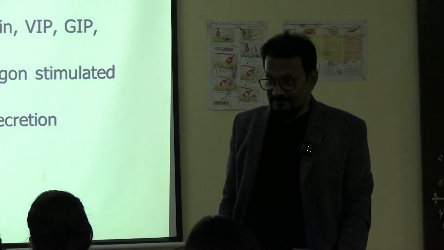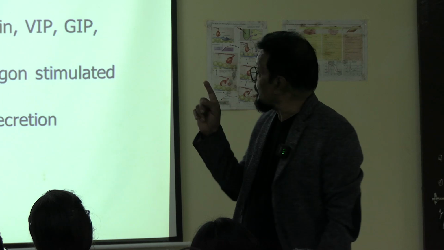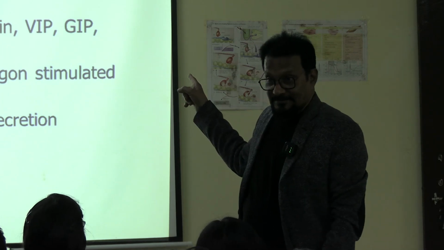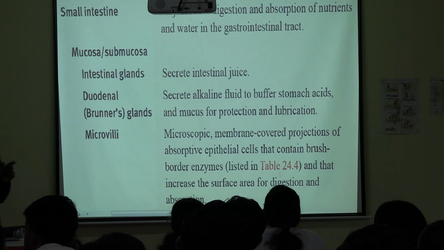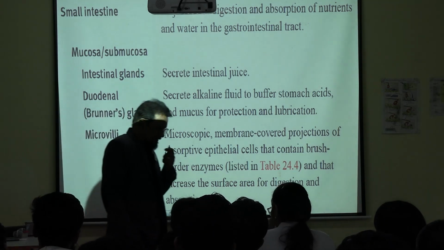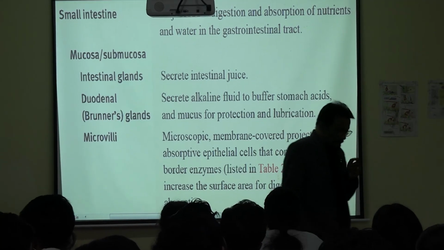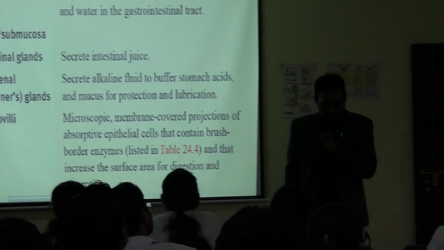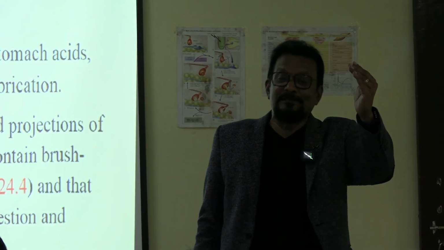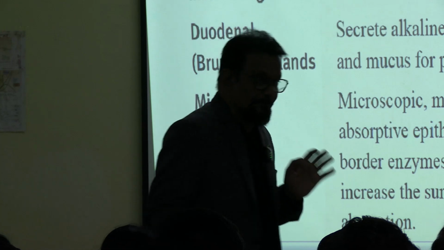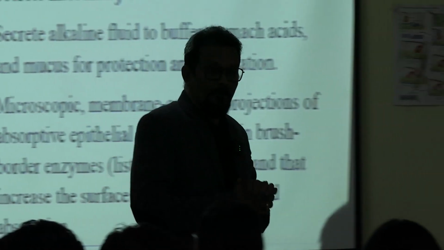Glucagon-like. That's why G is there. Actually, at the same time, that's why the name has been changed. At the same time, it is glucagon or glucose. Actually, it stimulates insulin secretion also. Glucose-dependent insulinotropic peptide.